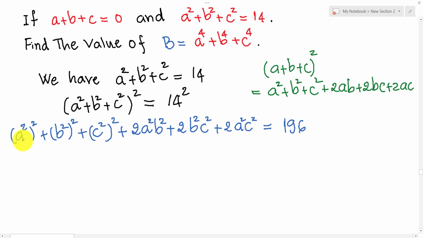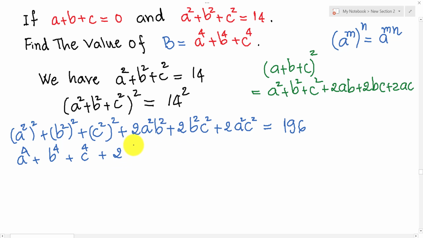196. And this (a square) all squared: if we have (a power m) all power n, it is equal to a power m times n. So we get a power 4 plus b power 4 plus c power 4, and plus this, we can take 2 out.